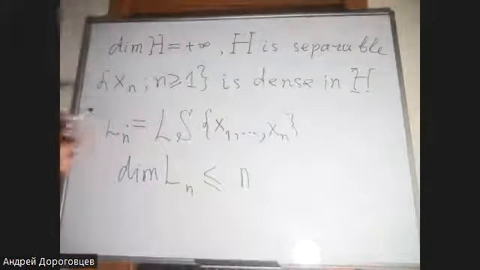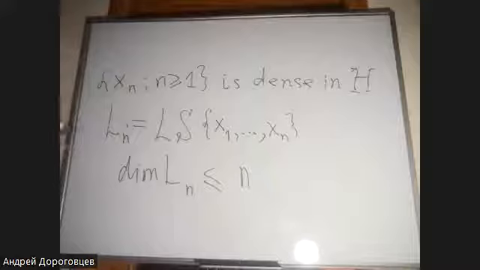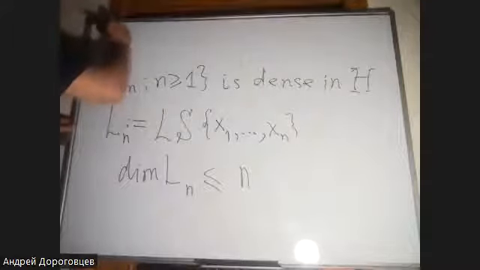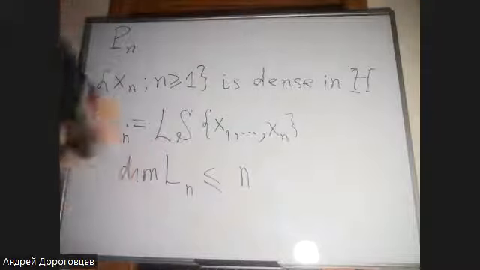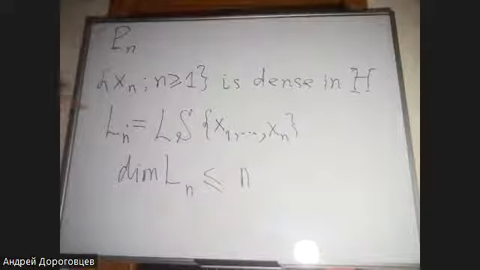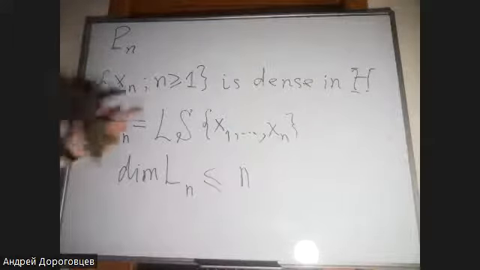But what we know, if we denote by P_n, here is the intersection between analysis and probability, because usually in probability courses we take this capital letter P for probability, but in analysis people usually take this capital letter P for orthogonal projections. So I do the same in this Hilbert space.